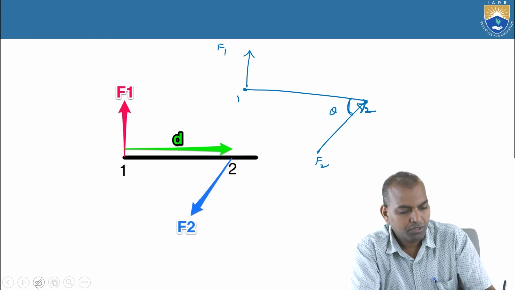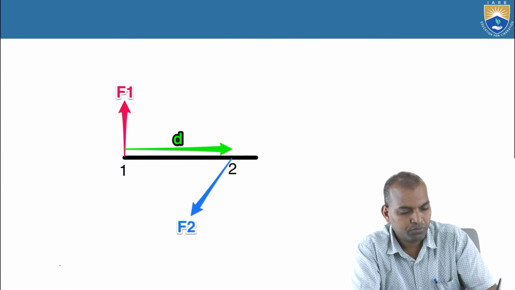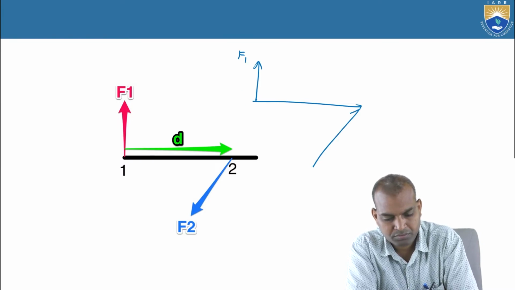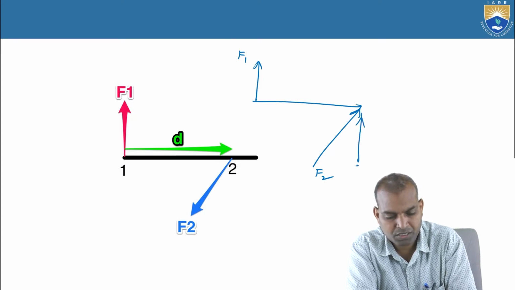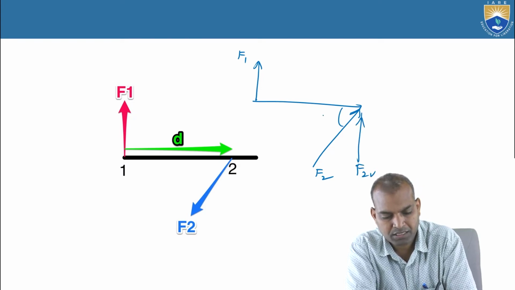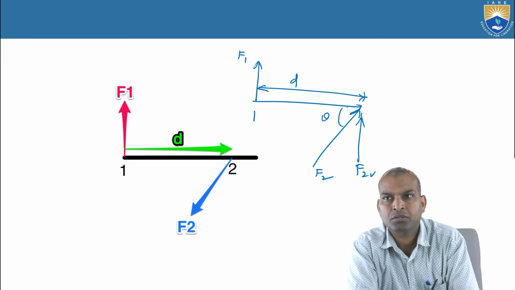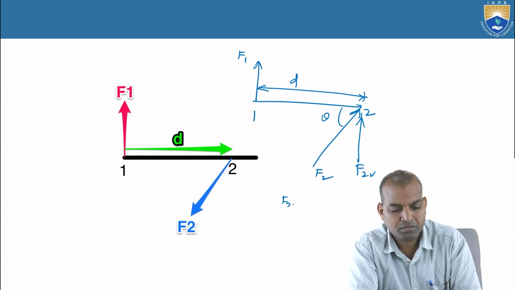Now, if you resolve the moment, it is F1 and F2, and F2 becomes F2V at angle theta, and the distance between points 1 and 2 is D. Now F2V equals F2 sin theta.